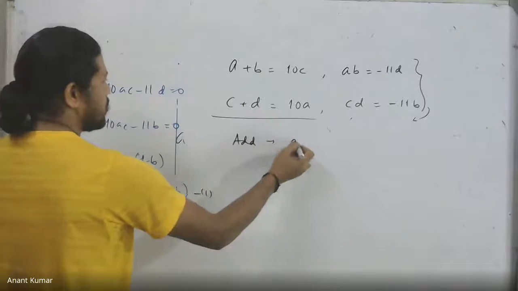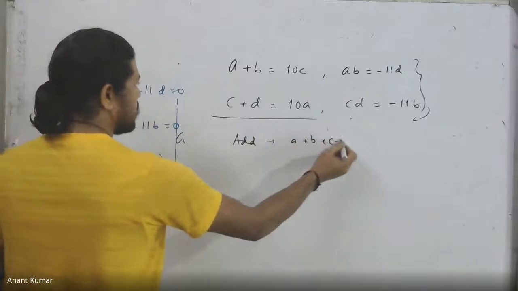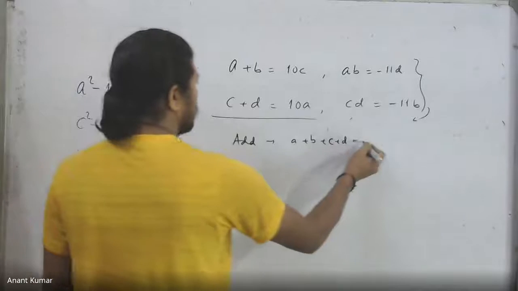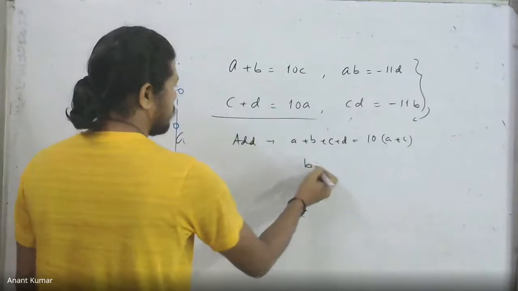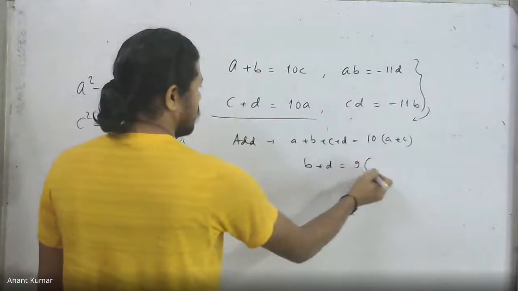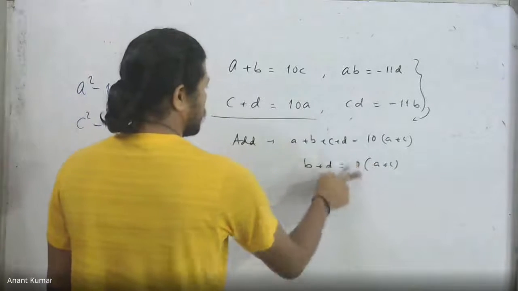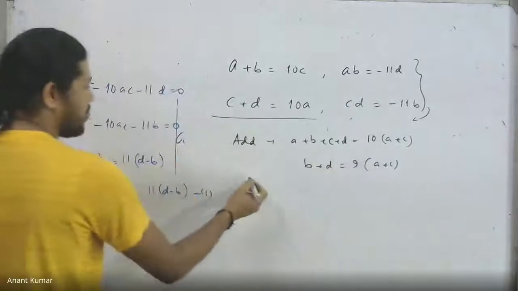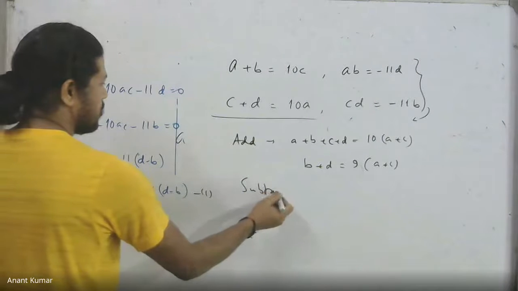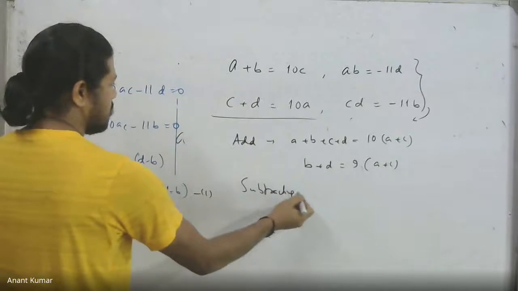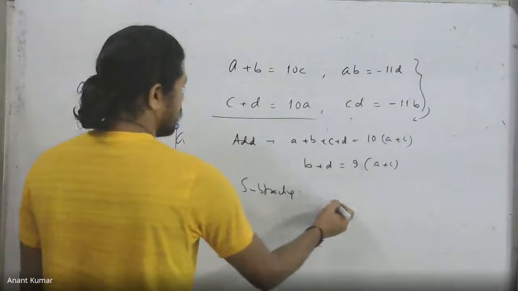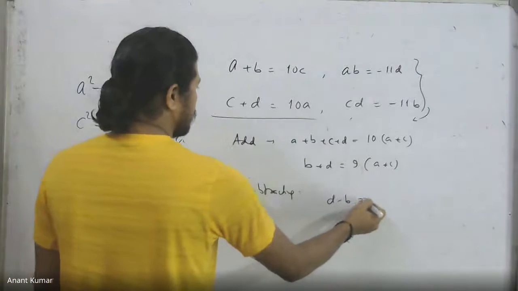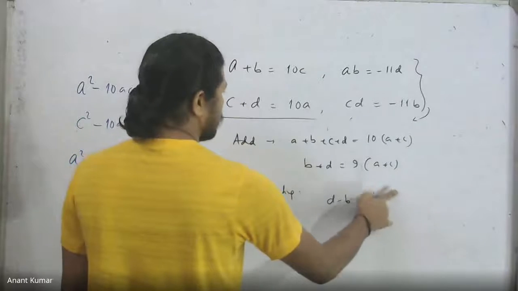Add will give us A plus B plus C plus D equal to 10 times A plus C, giving us B plus D equal to 9 into A plus C. And subtracting, we end up getting this minus this. So that gives us D minus B equal to 11 into A minus C.